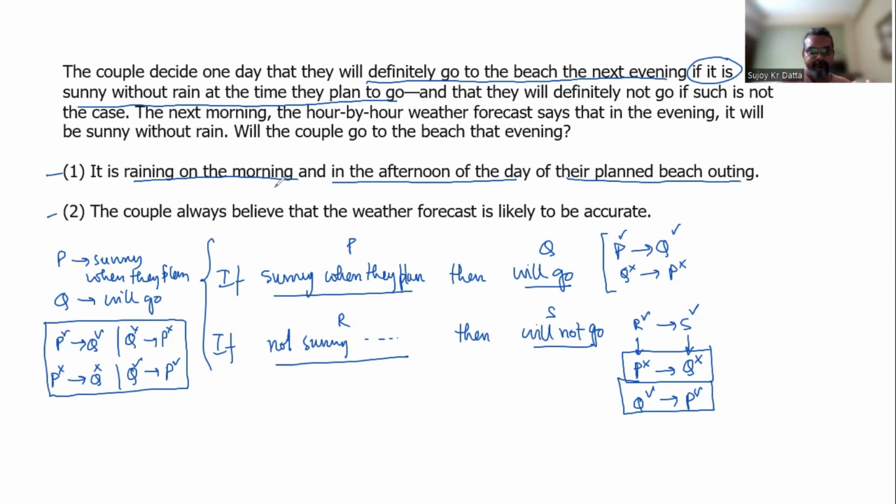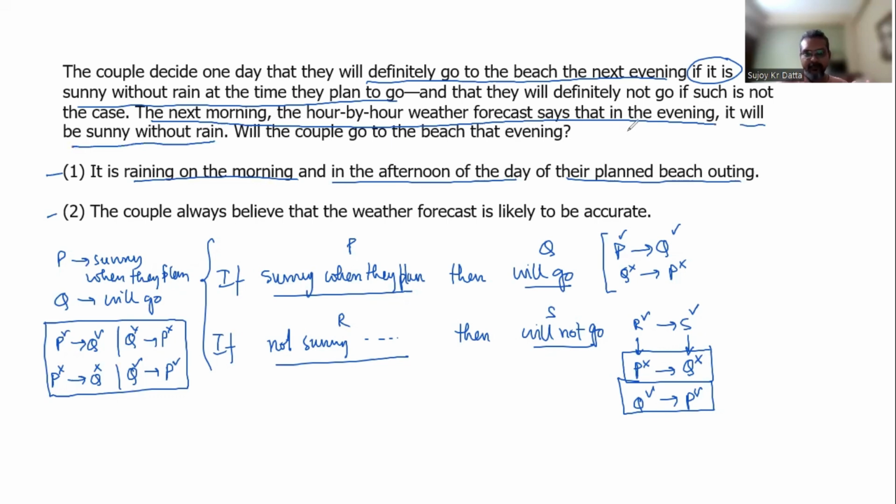Statement 2 says, now there is another piece of information given. The next morning, the hour by hour weather forecast says that in the evening, it will be sunny without rain. They hear some forecast that says that in the evening, it will be sunny and there will be no rain. Fair enough. But nowhere has it been mentioned that they are going to decide on the basis of a weather forecast.